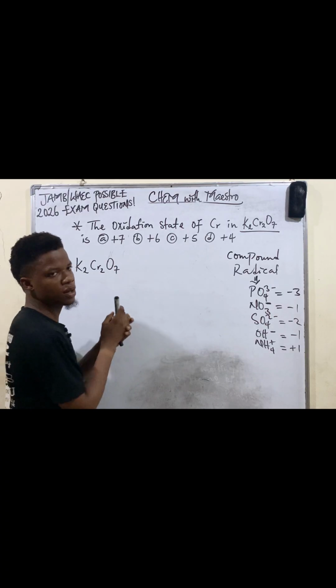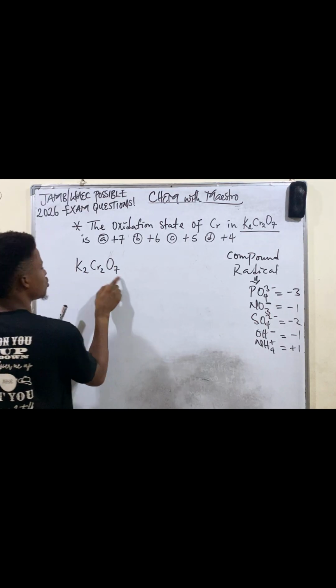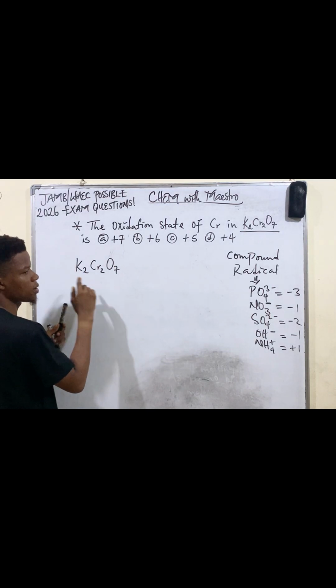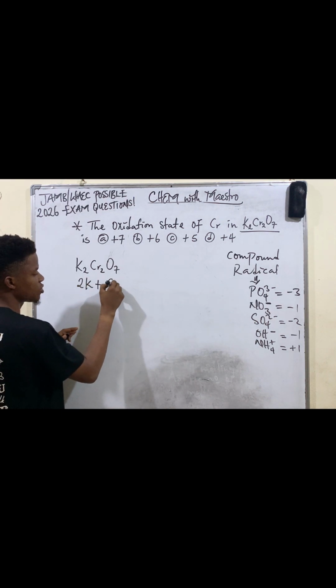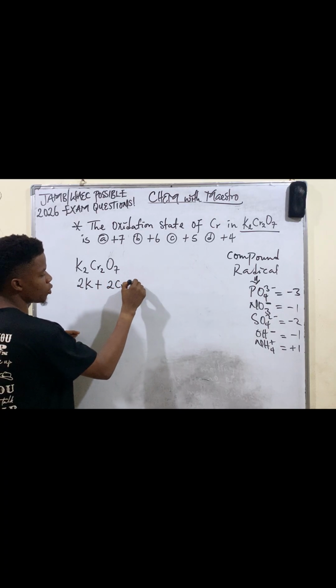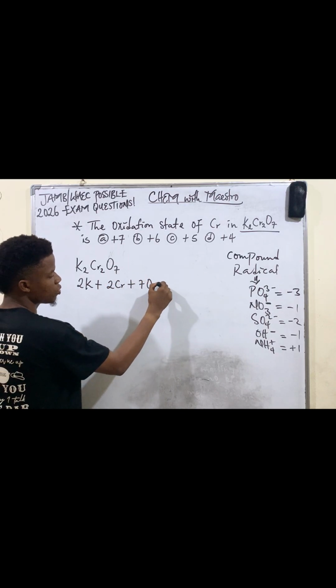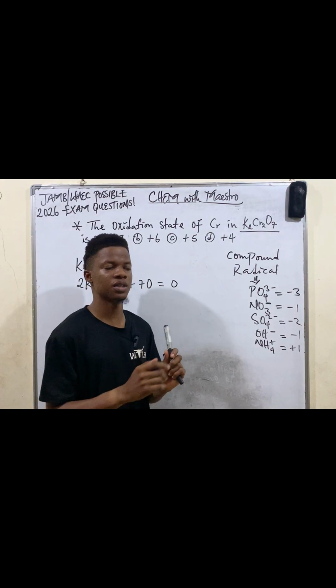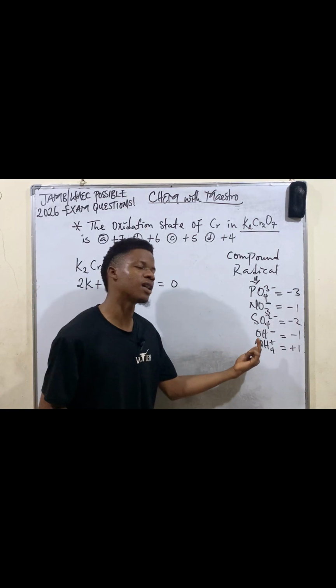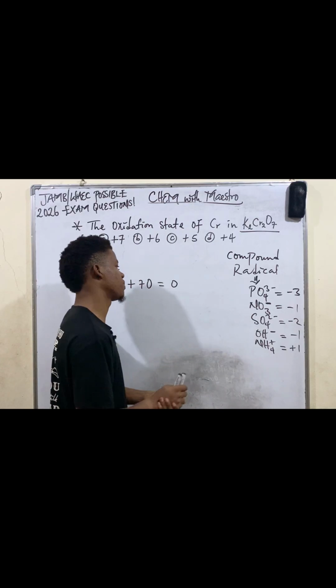But for a compound that does not have charge, the sum of the atoms in the compound will be equated to 0. So you have 2K plus 2Cr plus 7 oxygen equal to 0. For a compound, equate to 0. For a radical, equate to the charge on the radical.